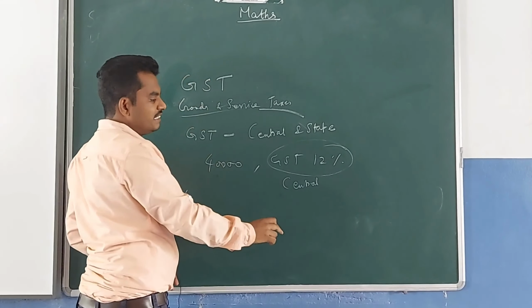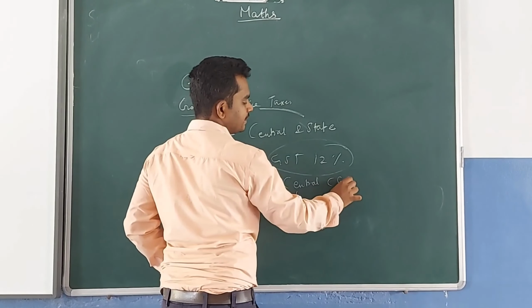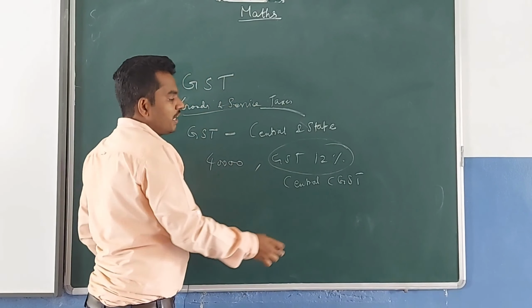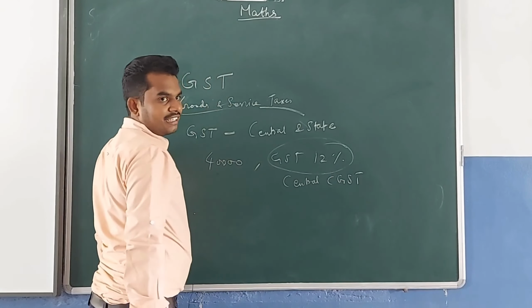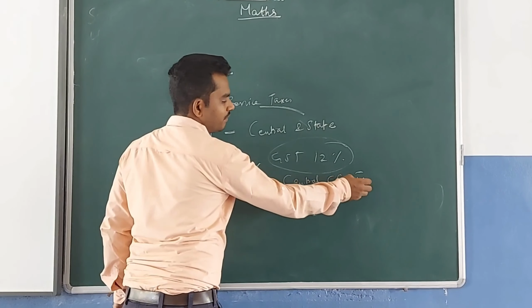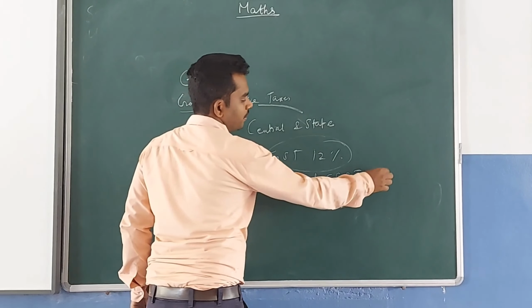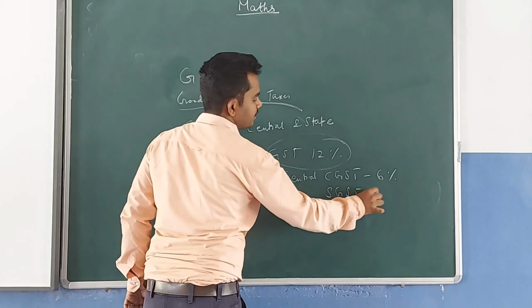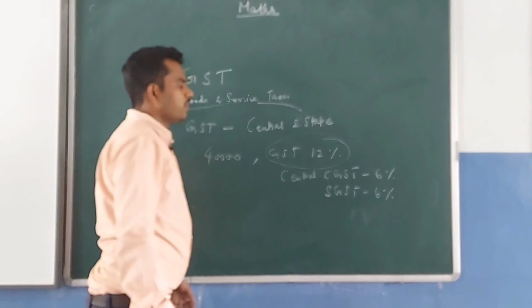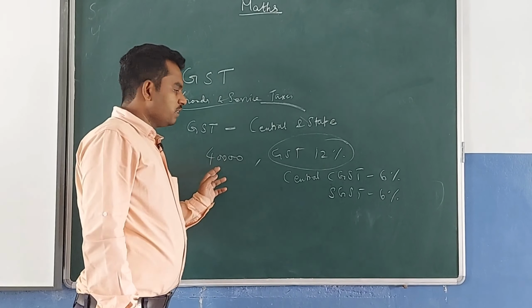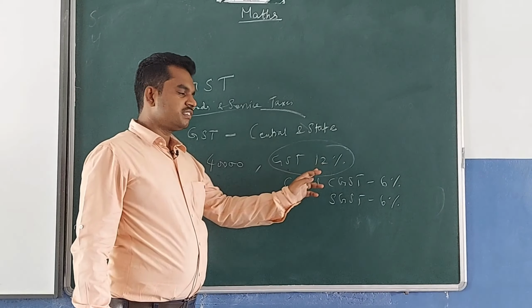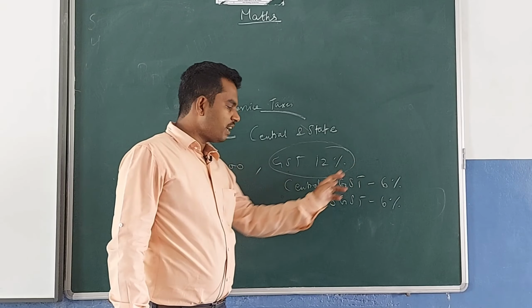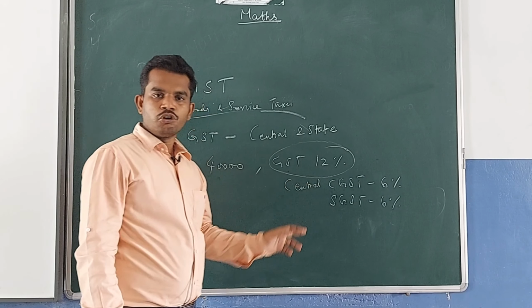For example, CGST means central government goods and service tax. Central goods and service tax is 6% and state GST is 6%. For washing machine GST 12% means 6% goes to central government and 6% goes to state government.